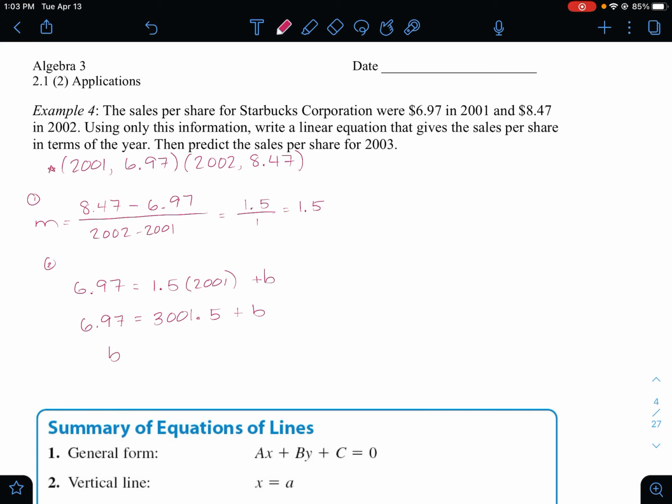And then if I solve this, I find that b is negative 2,994.5. Okay, so that means my equation will be y equals 1.5x minus 2,994.5. Okay, so that's our equation.